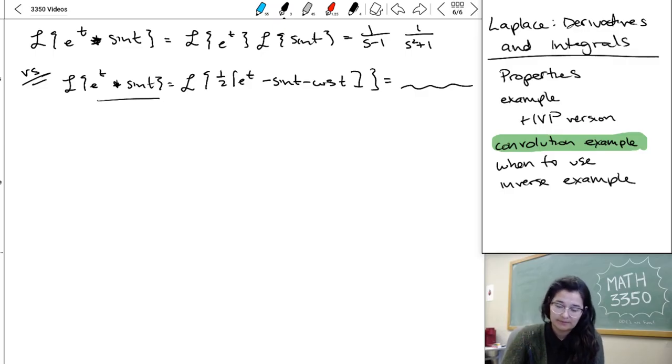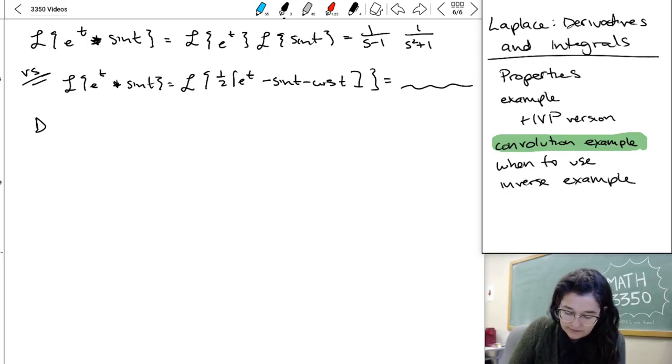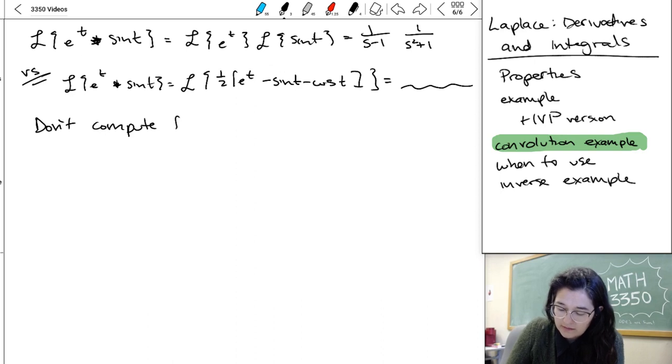I'll go ahead and write out that rule. We don't want to compute f star g to plug into a Laplace transform.